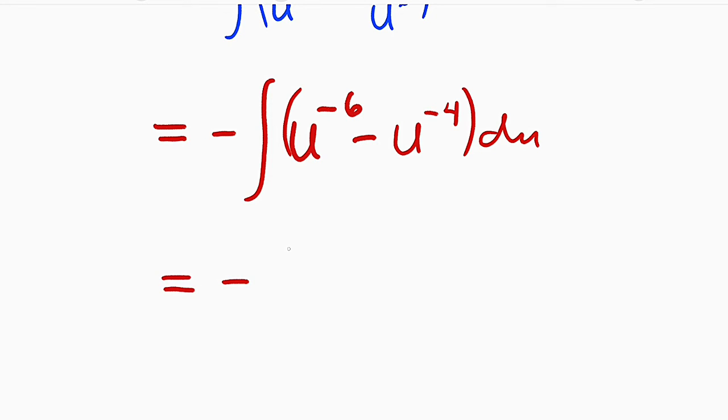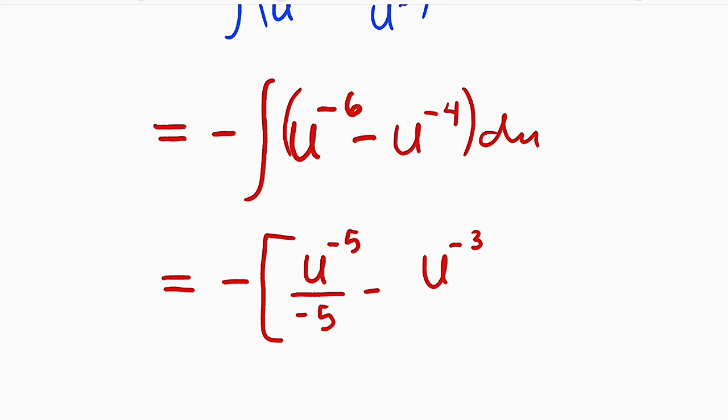This is equal to negative. If you add 1 to this power, it becomes -5, and you have to divide by that -5. So we have u to the -5 divided by -5, then minus, if you add 1 here, it becomes -3. So we have u to the -3, but you have to divide by that -3.